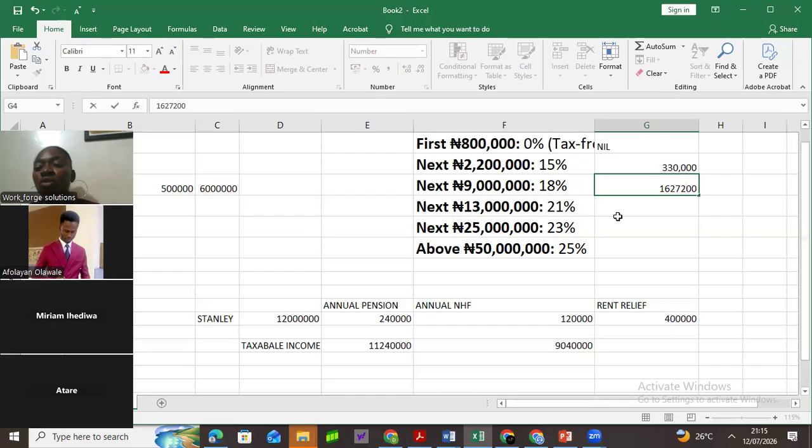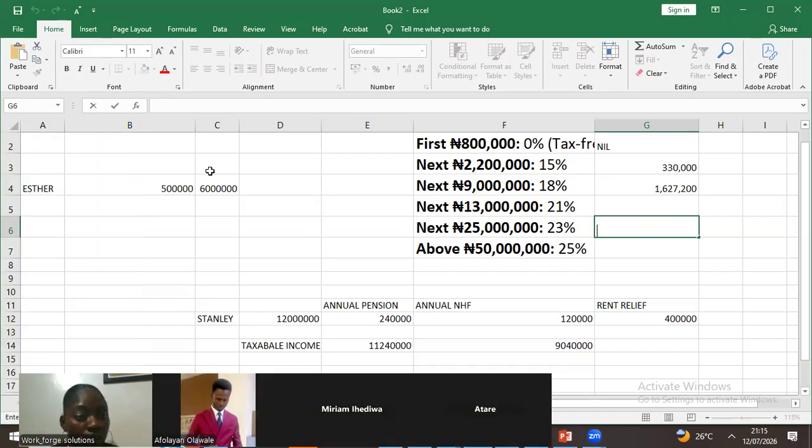Okay, so these are our total tax. This plus this. What is that now? G3 plus G4. So this is the total taxable income for the year. 8,957,200.